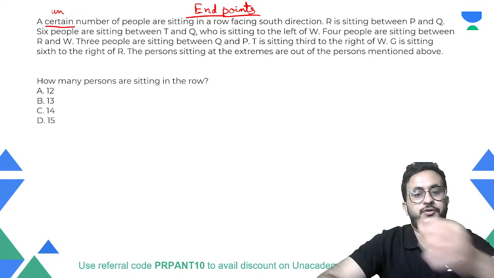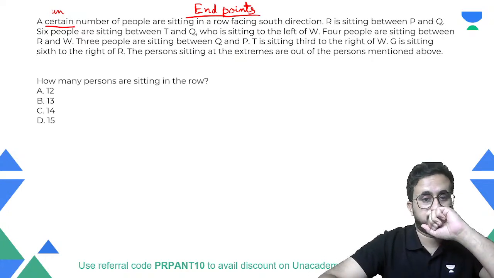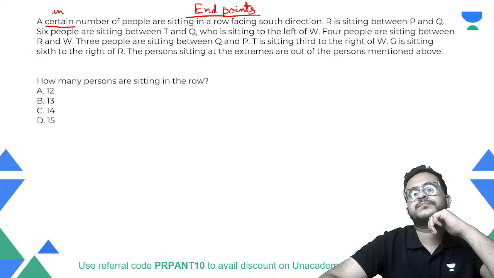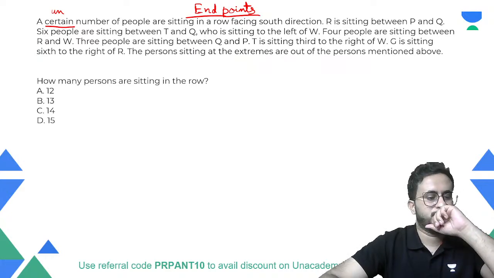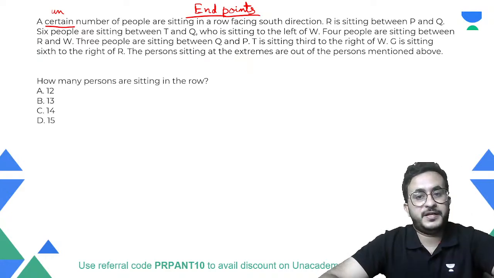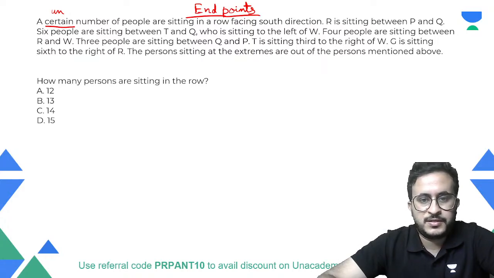So let's try to find out how many people are sitting in the room. And remember, these people are facing south direction.